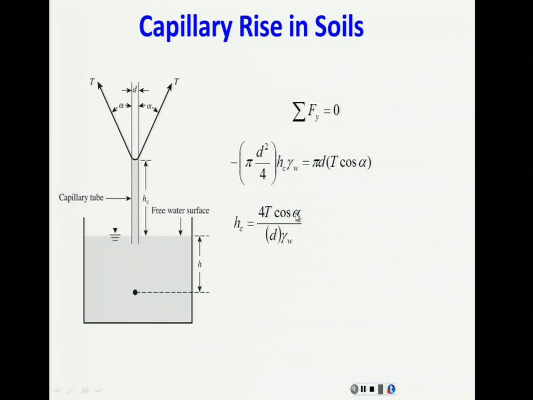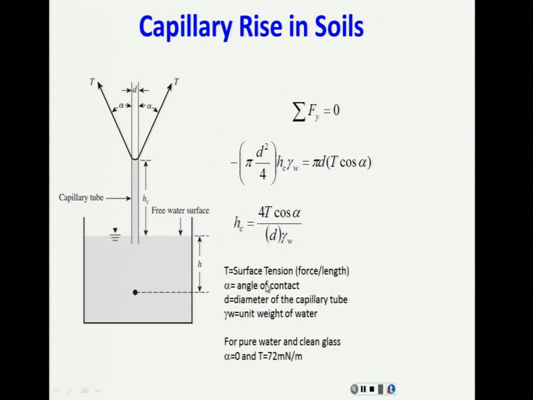and as you can see, it's going to depend on this alpha and on this T, and of course on the diameter of the pipe. The T is the surface tension, and that depends on the liquid. The alpha is the angle of contact, that also depends on the liquid. D is the diameter of the capillary tube, weight of the water. For pure water and clean glass, alpha is 0, that means that it is a pure tension going up in the rim, and tension is 72.